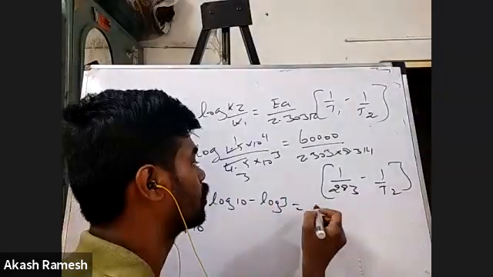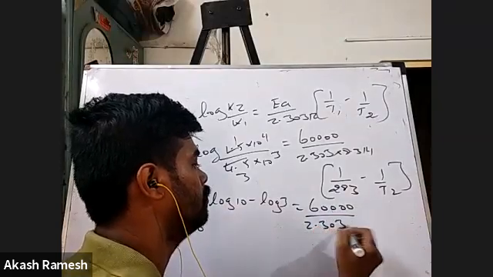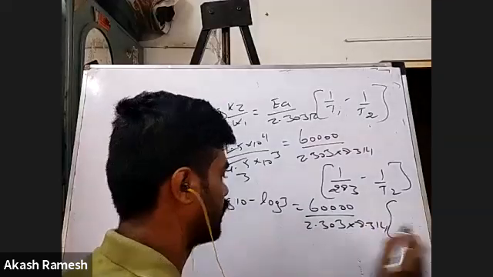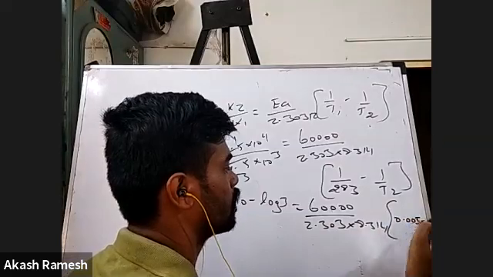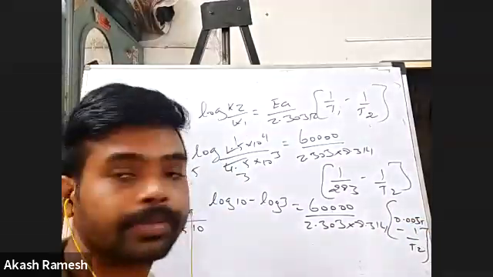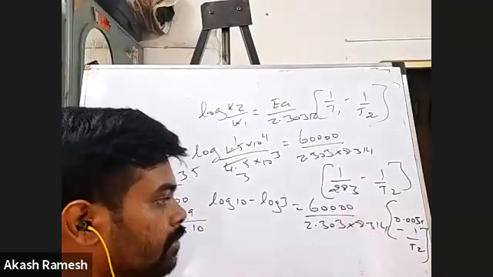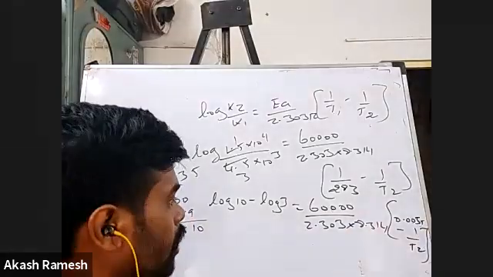Okay, is equal to 60,000 divided by, and this value I found out to be 0.0035 minus 1 by T2. Done. I did the calculation. 1 by 283 is 0.0035. Okay, right?